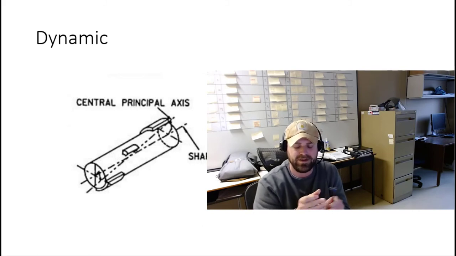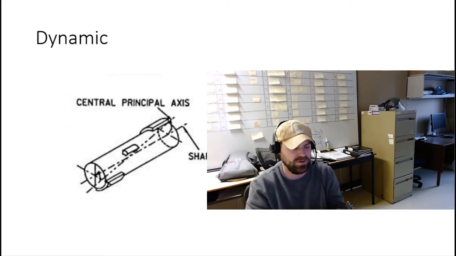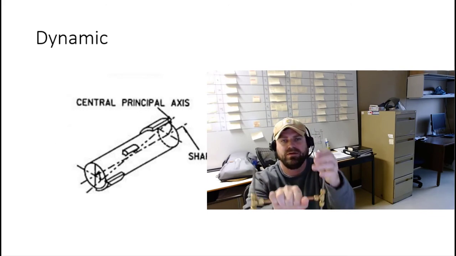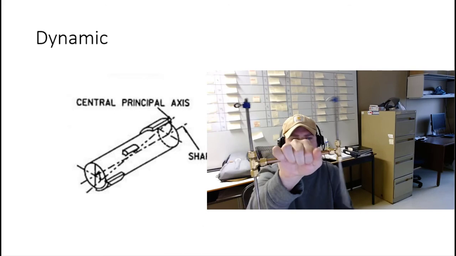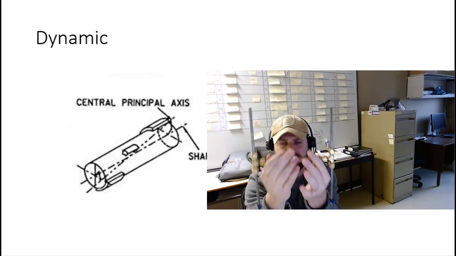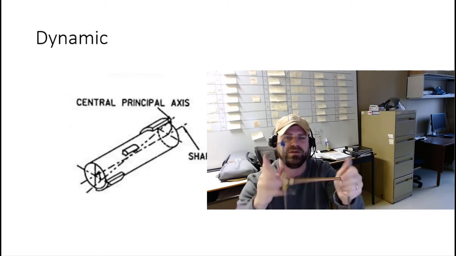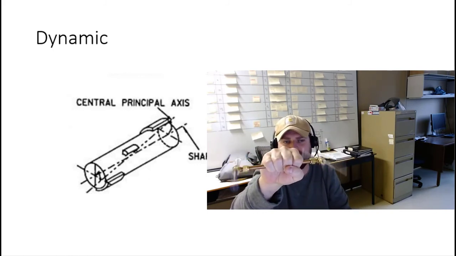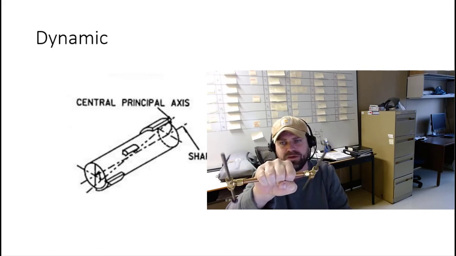We had static imbalance, which is when you have the same forward and backward motion on both bearings, equal amounts. And then we had couple imbalance where they're 180 degrees to each other and we can't detect it when it's stationary.